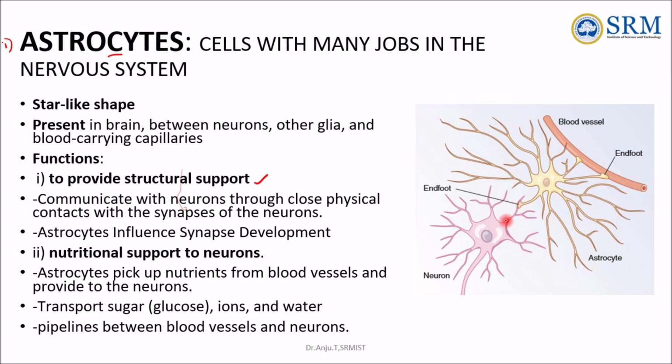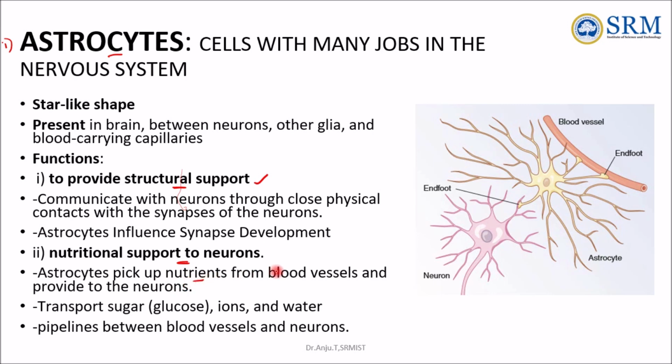You can see in this picture the neuron is there, but it is connected to the blood vessel with the help of these astrocytes. They connect with the neurons through close physical contacts, as with the synapses of the neuron. So they provide physical contact and also nutrients. These astrocytes give structural support and also provide nutrients to the neurons.